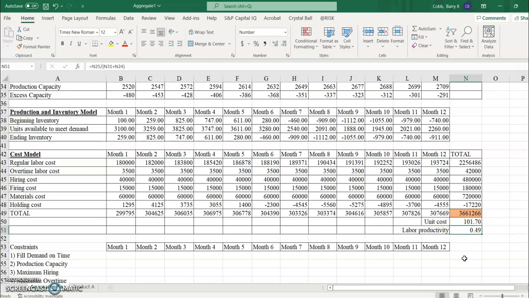And so we built in an assumption of 0.43, but what we actually end up achieving is 0.49. But that'll, of course, change when we solve the problem. So we're ready to move on and insert the constraints and solve this problem.